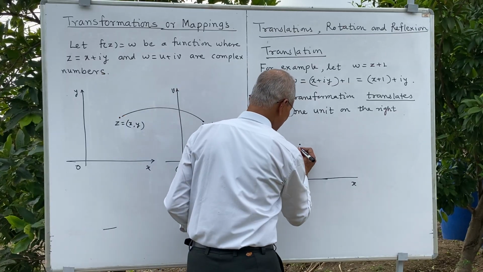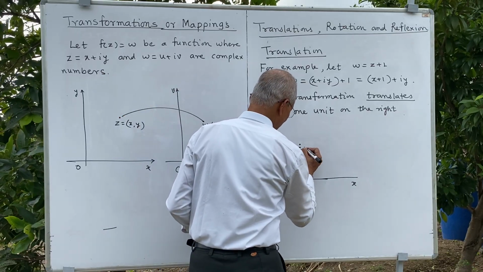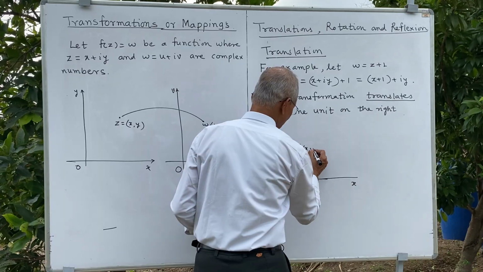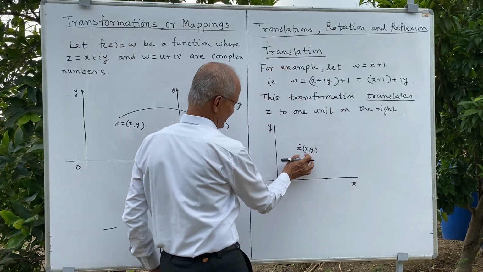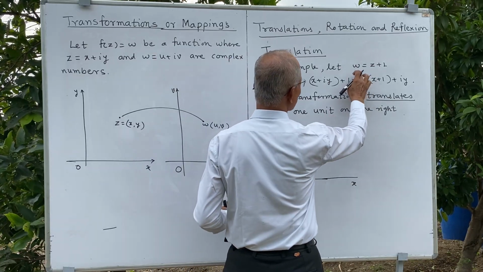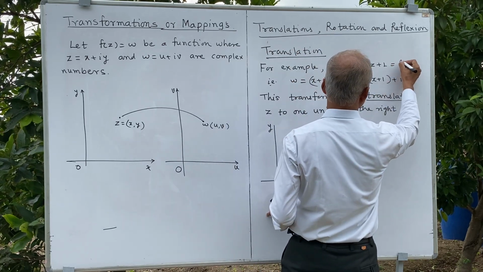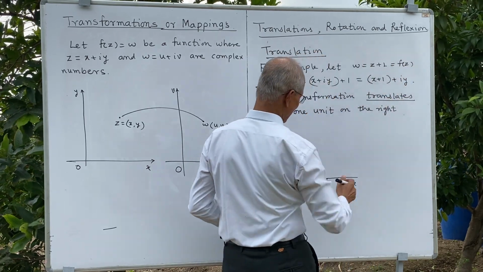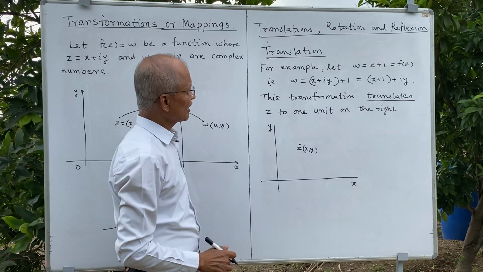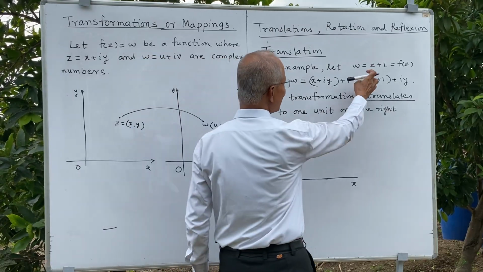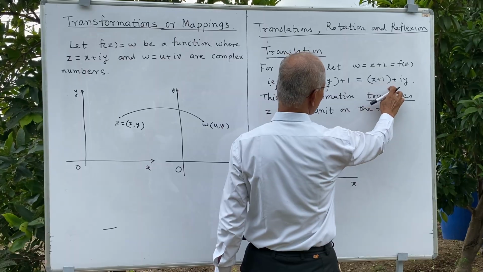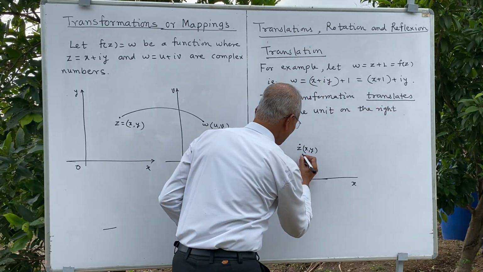This is a point z with coordinates x, y, and the image of this, w, which is f of z, is z plus 1, and therefore z plus 1 is x plus 1 plus iy.